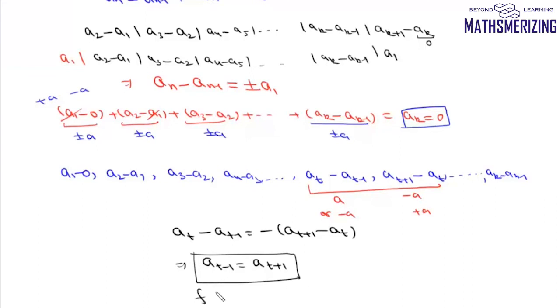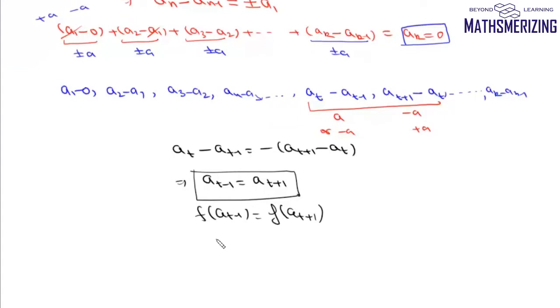Now we'll take functions: f of a(t-1) equals f of a(t+1). So from here we say a(t) is equal to a(t+2). So from induction we can say that this result is true for all values of n. In general, an must be equal to a(n+2).